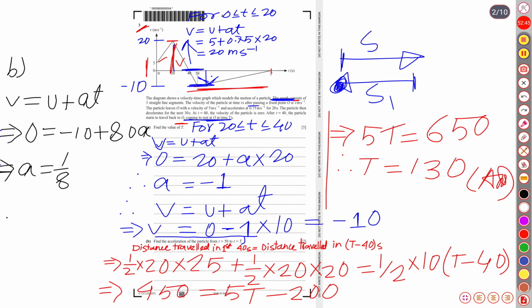If we divide 1 by 8, a is equal to 0.125 meters per second squared. So this is the acceleration of the particle in the time between 50 and 130 seconds.